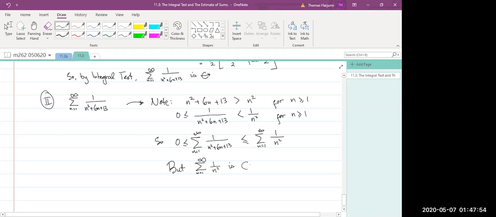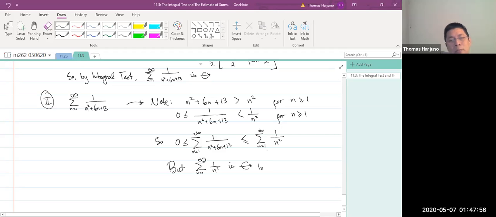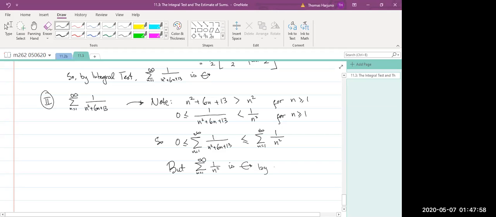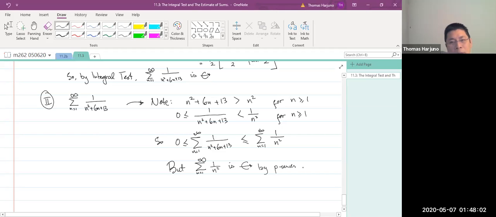That's convergent by the p-series, where p is equal to 2. Then the series that we have in the original question is also convergent by comparison test.